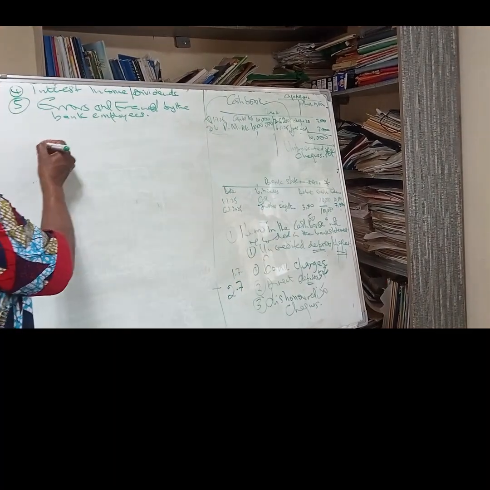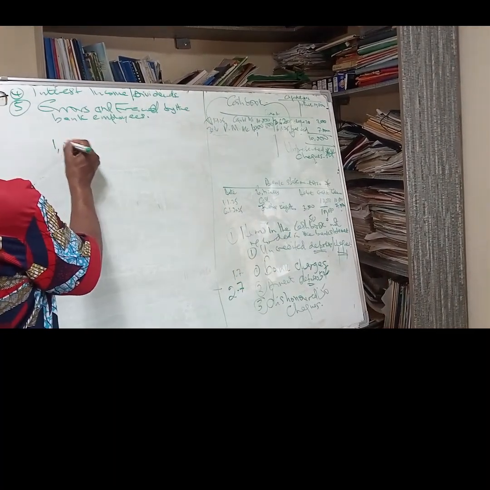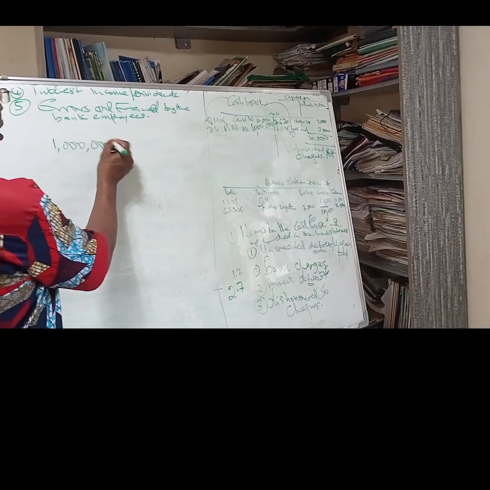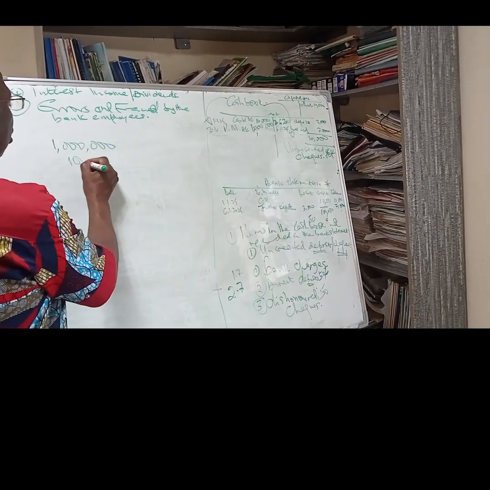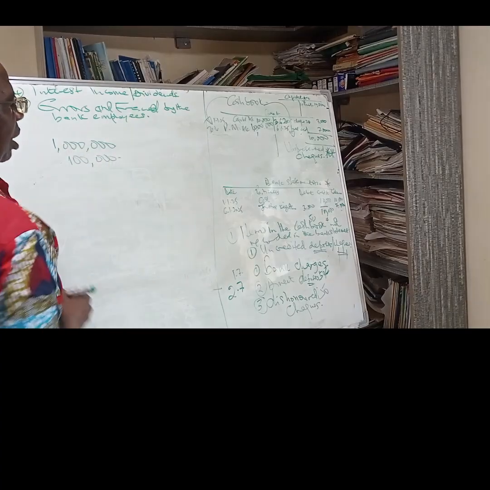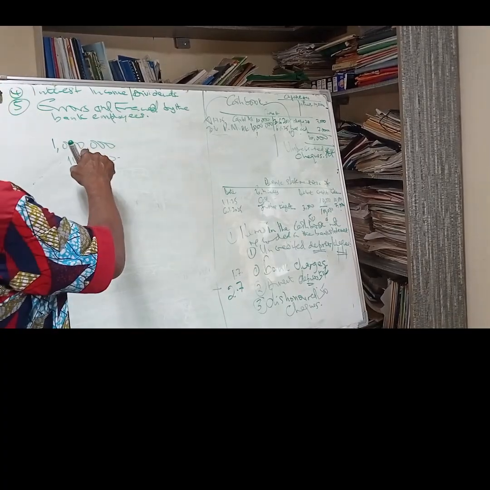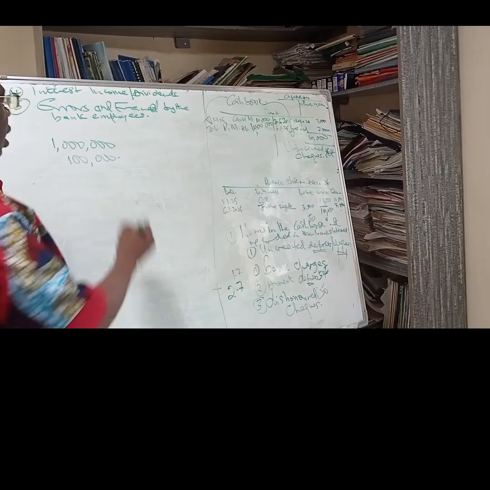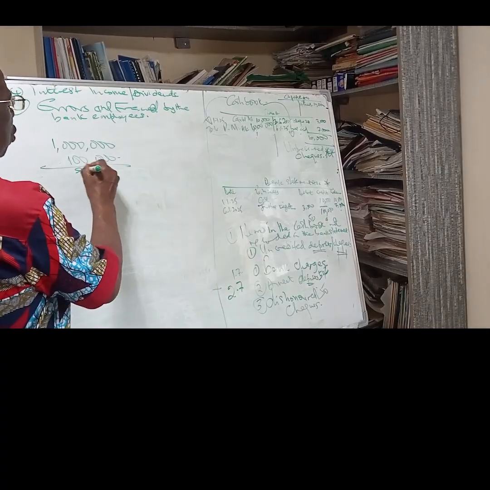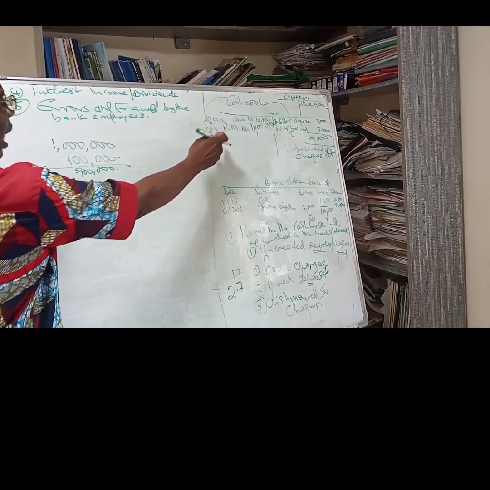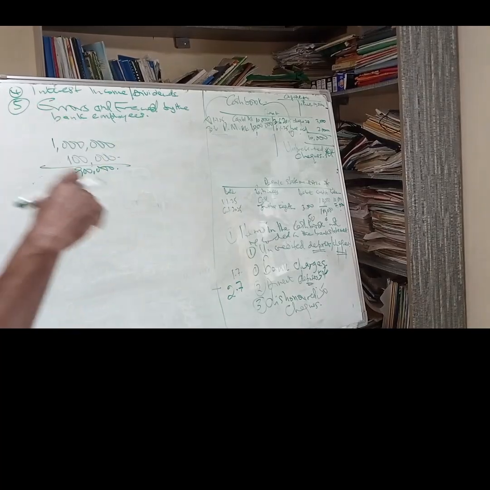For instance, if we recorded that we have received 1 million shillings, but actually we received 100,000, we overstated the debit with 900,000. We debited with 1 million instead of debiting with 100,000.